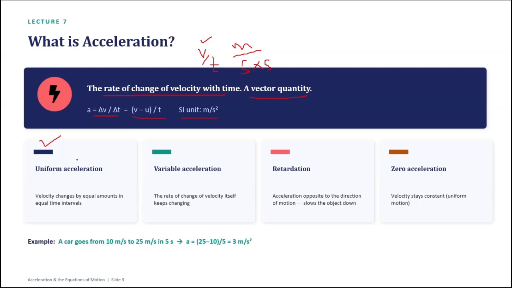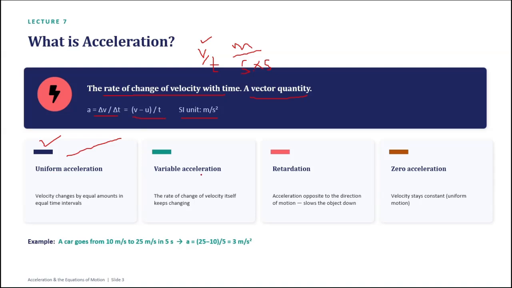For example, the velocity is constantly increasing with time, but linearly. So the linear increase in velocity is known as uniform acceleration. Velocity starts from 0, and gradually increases to 10 meters per second or 20 meters per second, but with a linear increase. So this is uniform acceleration.